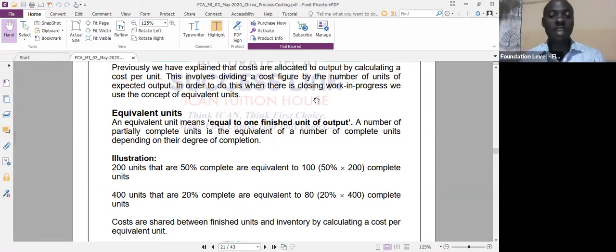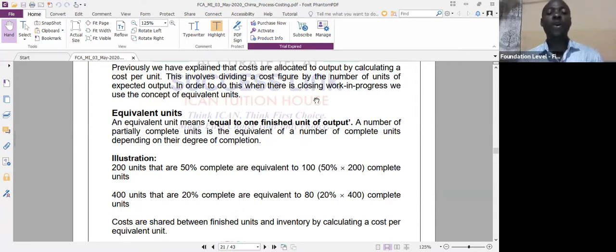So it means that 200 units of bread that are 50% complete is equivalent to 100 complete units. So you see here we have equivalent units. How many work in progress with their degree of completion is equal to 1 full unit of complete product.